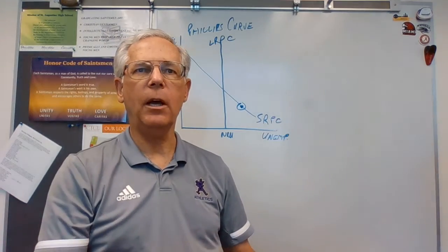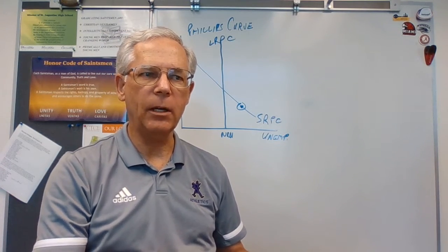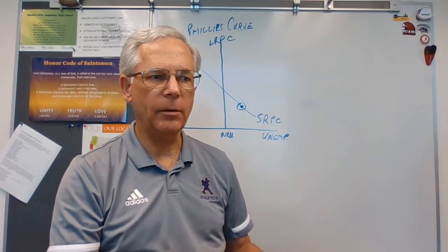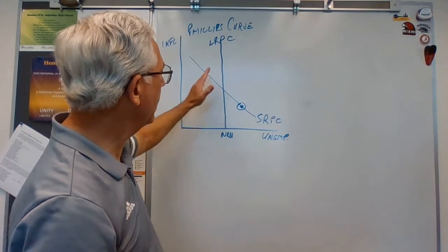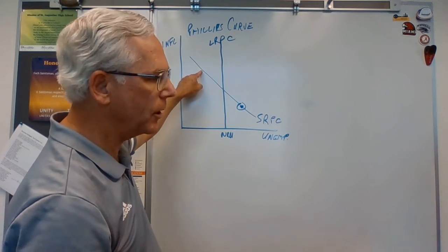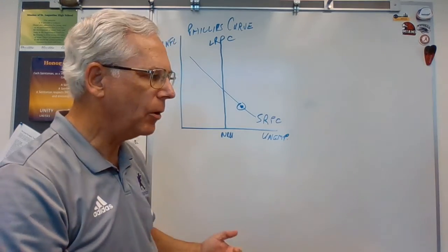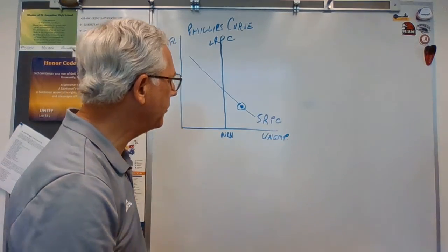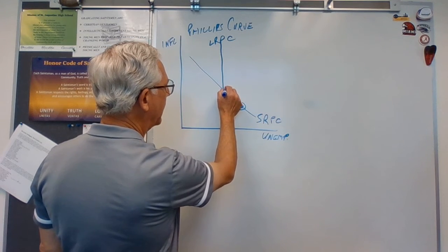If you're told that the economy is suffering inflation and is operating beyond full employment, that would be a point up here on the short run Phillips curve. We talked in the earlier video about the things that shift the Phillips curve to the right and to the left. We also talked about the meaning of this point right here.